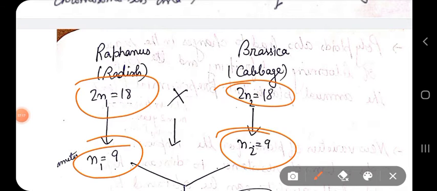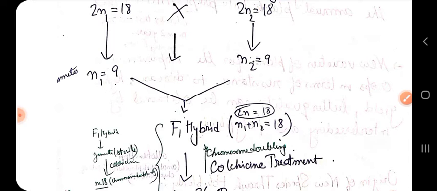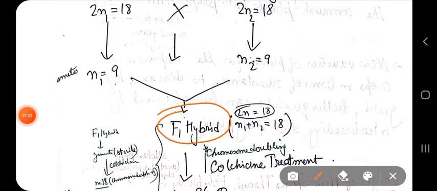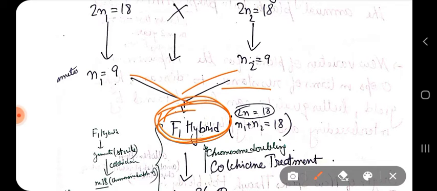Their gametes will have 9 chromosomes. Obviously they try to fuse to form an F1 hybrid. Now this can be done artificially by somatic hybridization or by protoplast fusion technique. After formation of this hybrid, which is sterile, sometimes viable pollen and ovules having 18 chromosomes are formed from spontaneous accidental chromosome doubling of the F1 hybrid.